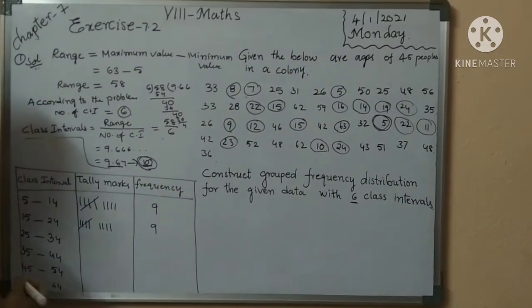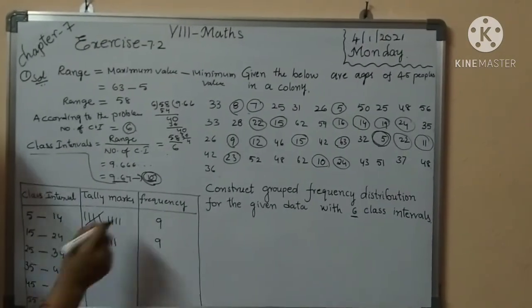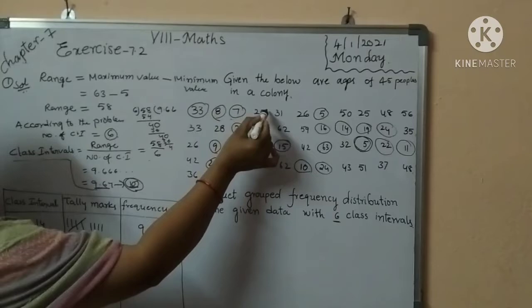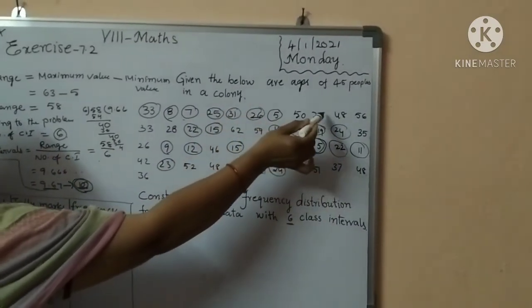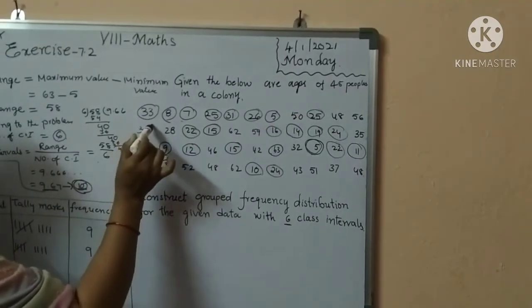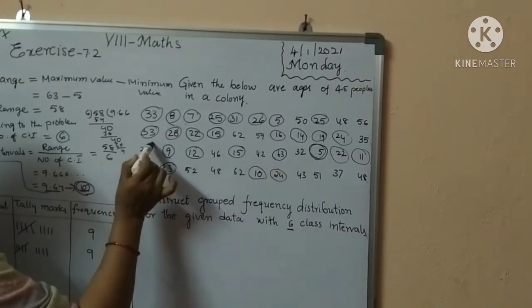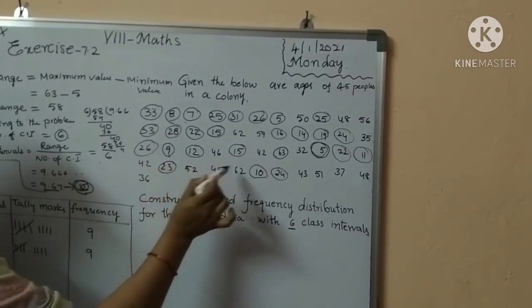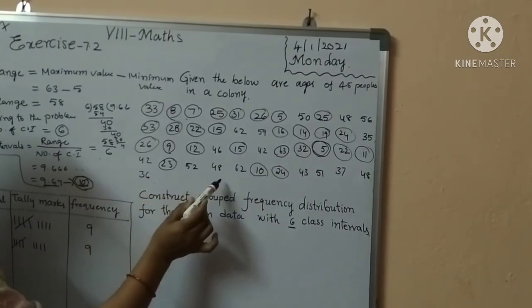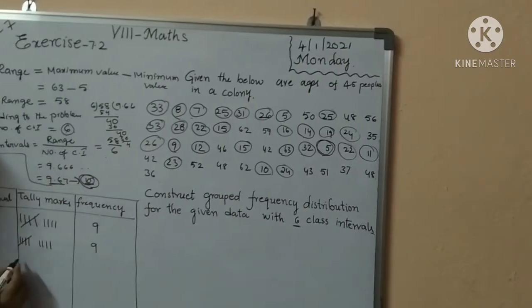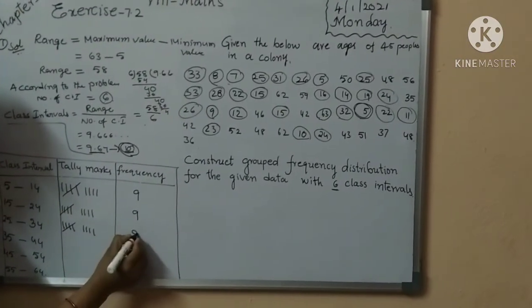So 9. Next, 25 to 34: 1, 2, 3, 4, 5, 6, 7, 8, 9. Okay, 9 is there.